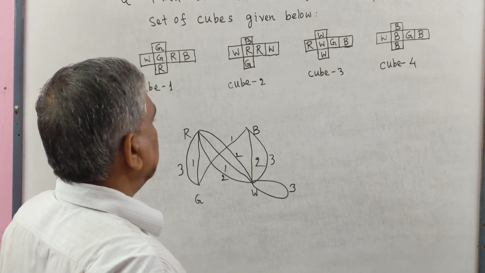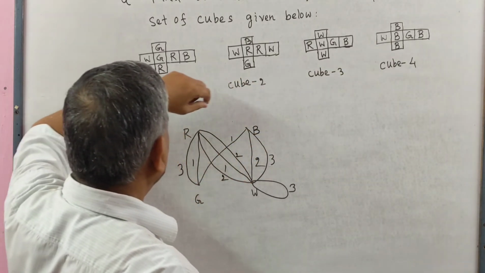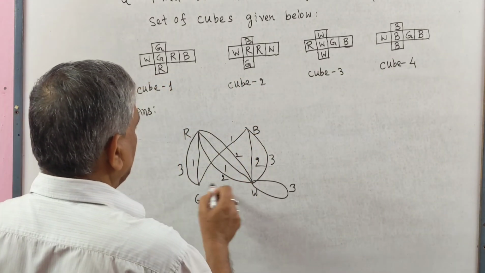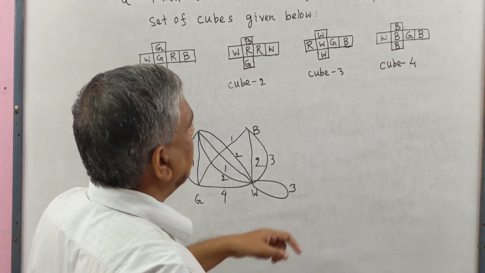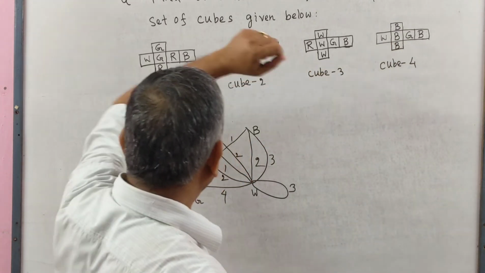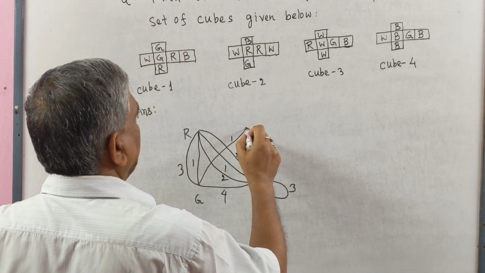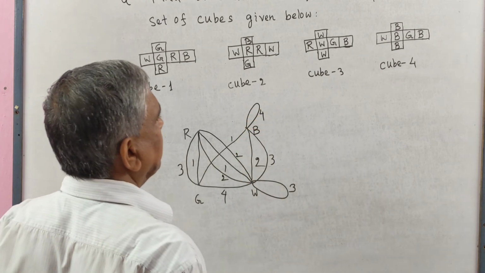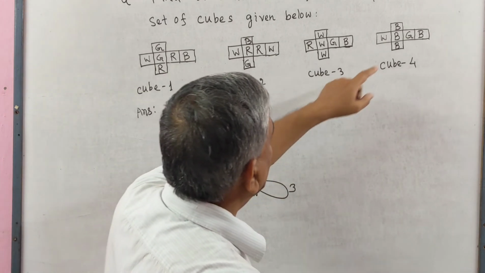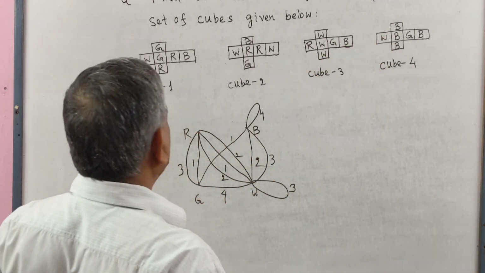Now we take 4. Left W, right G. This is the fourth. Front and back B and B. This is 4. And top and bottom B and B.